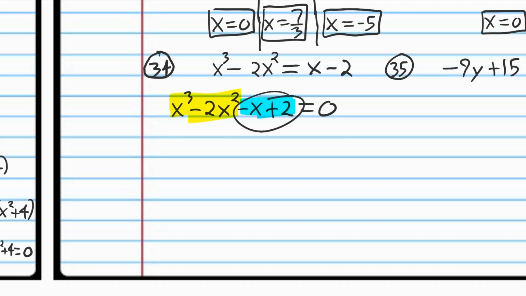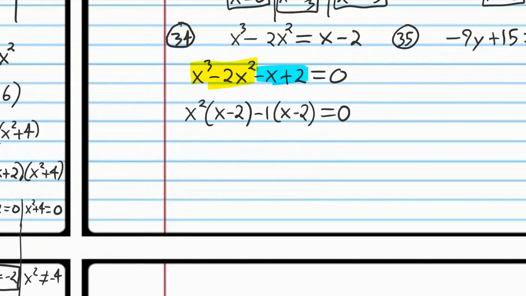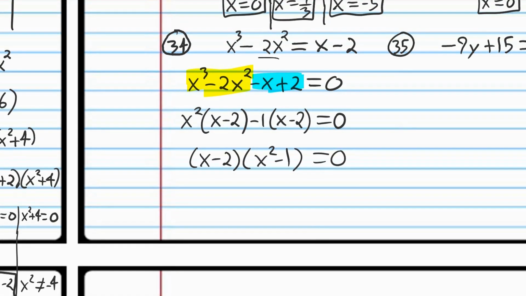But we're going to have to factor out a negative on this group, just so you know. All right, so we're going to factor out an x minus 2, and we have x squared minus 1, and everything is just the same. No difference. The only difference is we have to do that initial step.